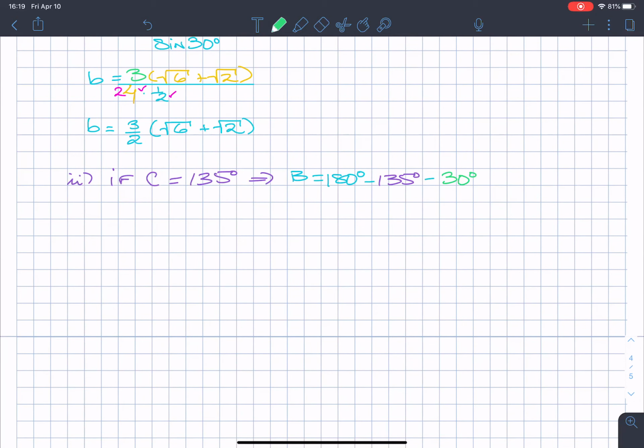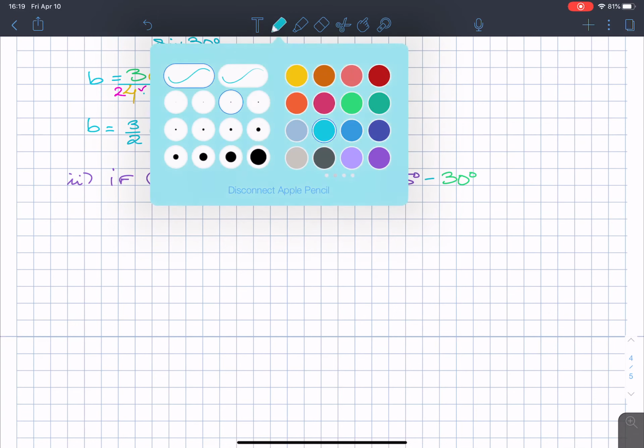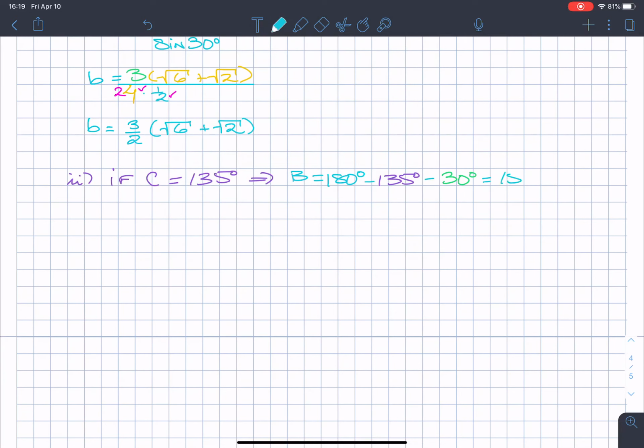So I'm subtracting 165 from 180, which leaves me with 15 degrees. Before moving on, let's note that 15 degrees can be written as 45 degrees minus 30 degrees.